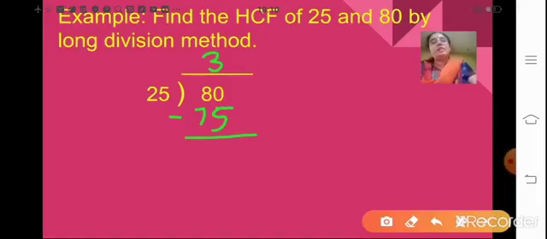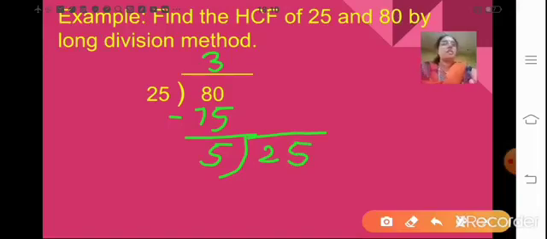Now 80 minus 75 will give you 5. Now this remainder will become your divisor and the first divisor will become your dividend, that is the number 25. So the remainder will become your divisor and the first divisor will become your dividend.